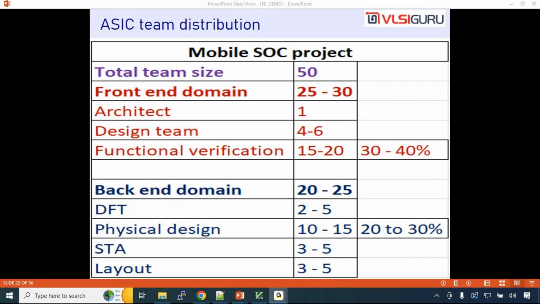Because functional verification has more opportunities, more people go there. DFT has fewer opportunities, very few people join. But don't think that no one will get placed in DFT. People do get placed. Yes, in some cases, because they probably won't be comfortable with programming, they go for backend.